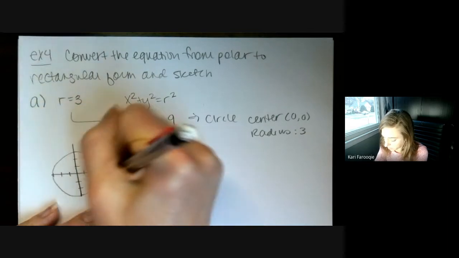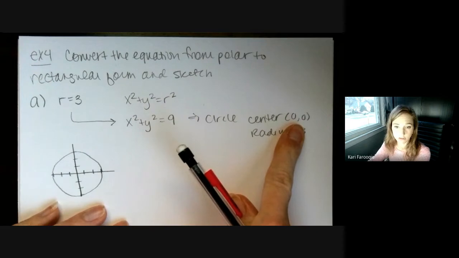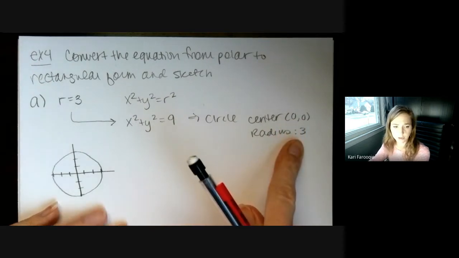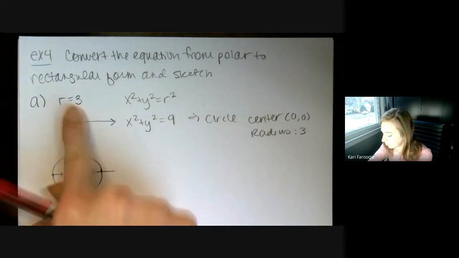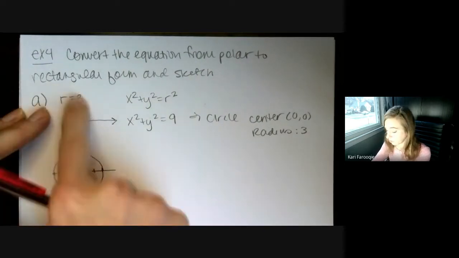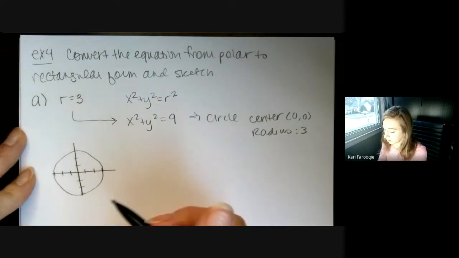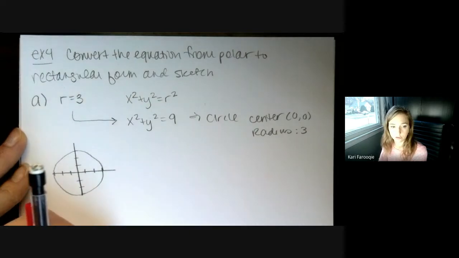And that does match up with this equation, center 0, 0, radius of 3. Same idea. I know this is so subtle that you're like, what's the difference? This is the graph that represents both of these equations. r equals 3 is just a circle of radius 3, and of course, you already have this equation for a circle from algebra.